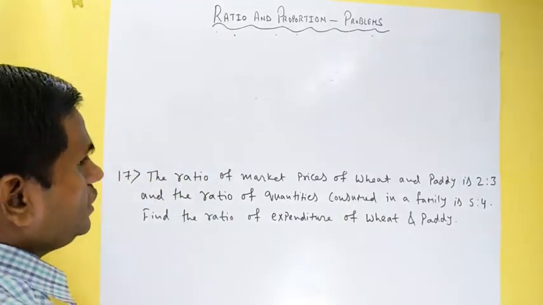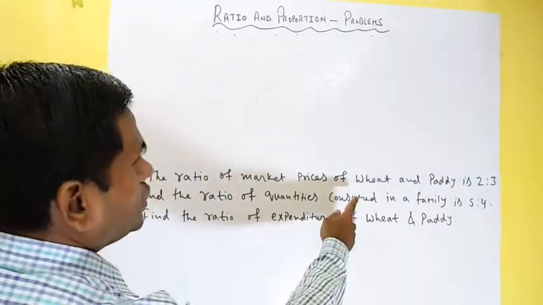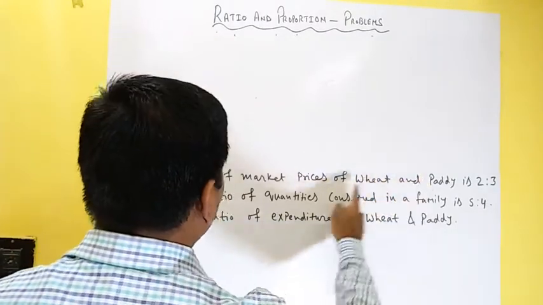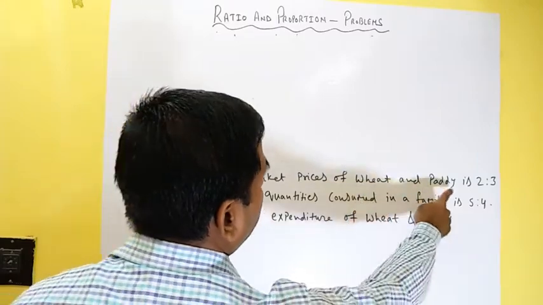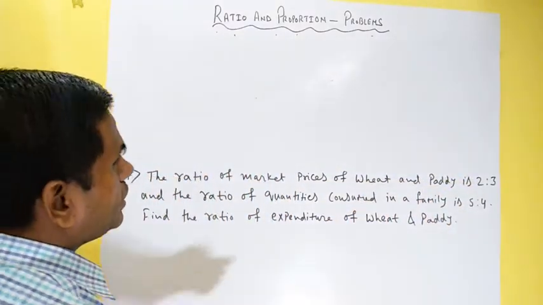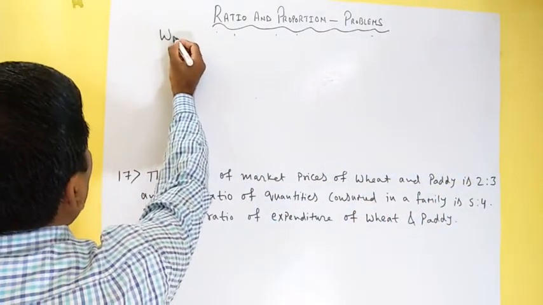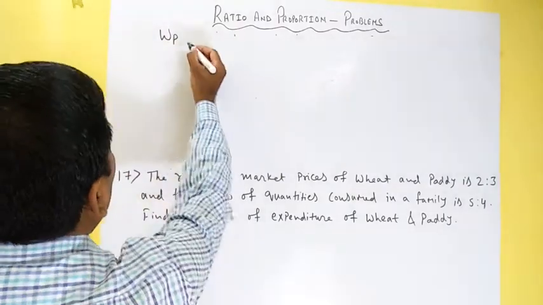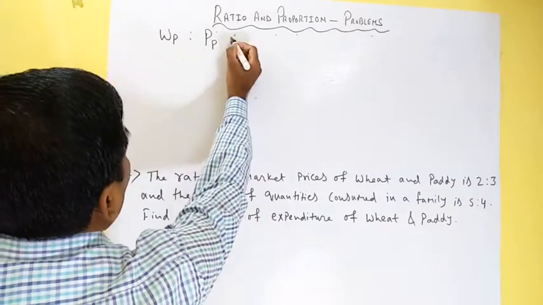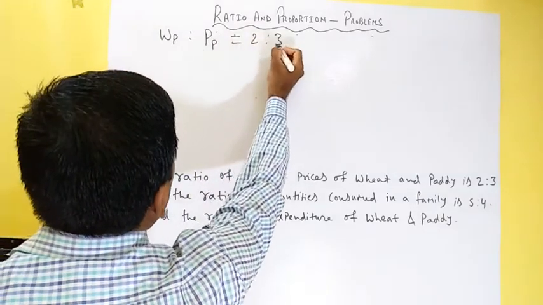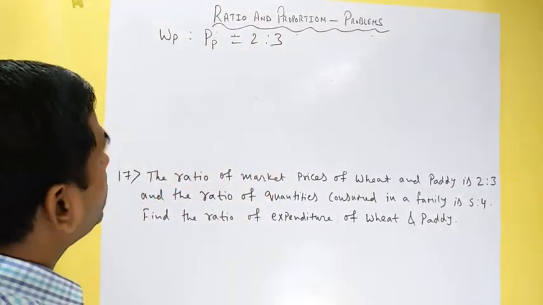If you notice, friends, the market price means the price of wheat and paddy, and the ratio is 2:3. So wheat price WP is to paddy price PP is 2:3.